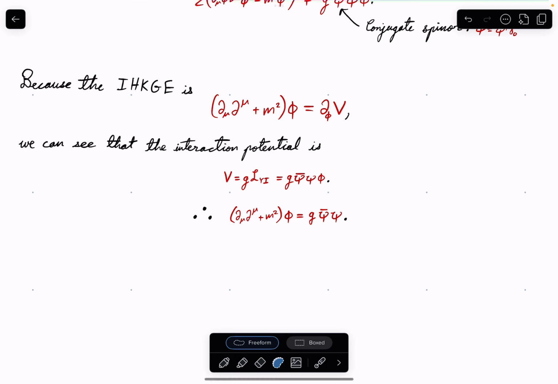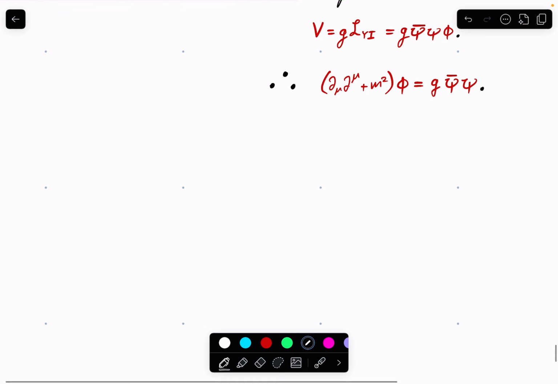So now we can do as we've been doing with other interaction types. We can rewrite the solution.